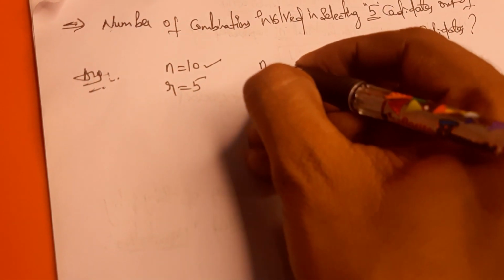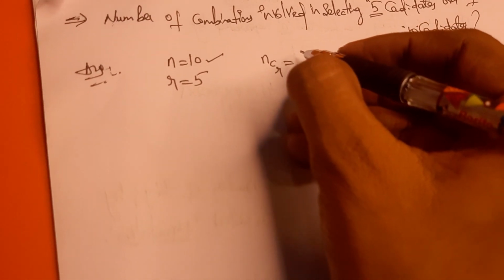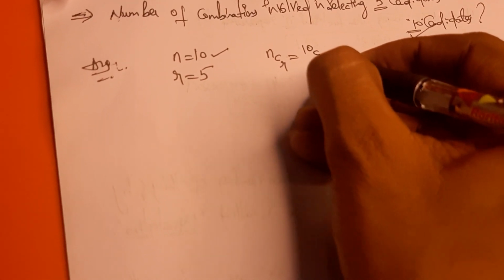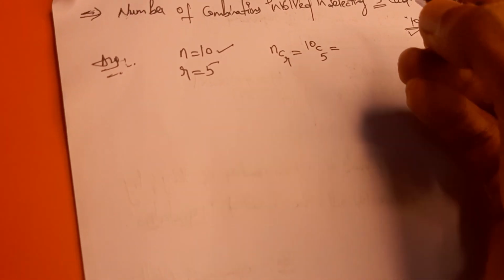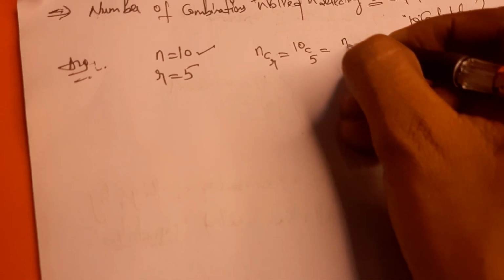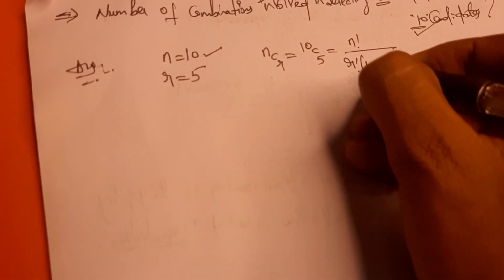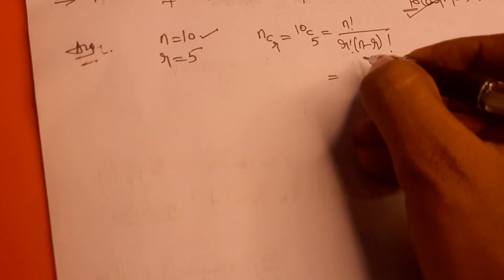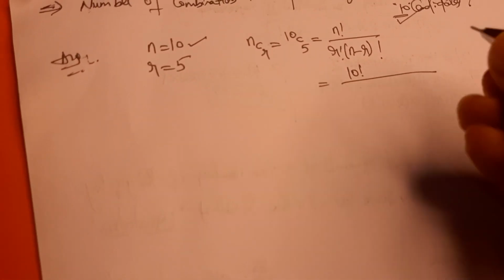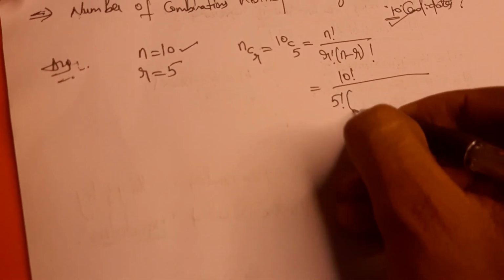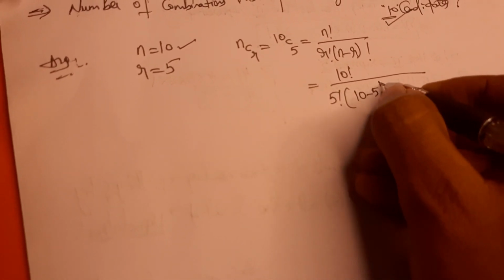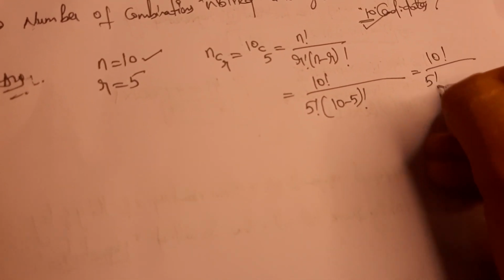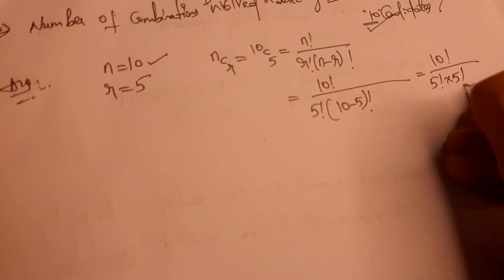So the formula is nCr. In place of n put 10, in place of r put 5: 10C5. The formula is n factorial divided by r factorial into (n minus r) whole factorial. That will be 10 factorial divided by 5 factorial into (10 minus 5) whole factorial, so 10 factorial divided by 5 factorial into 5 factorial.